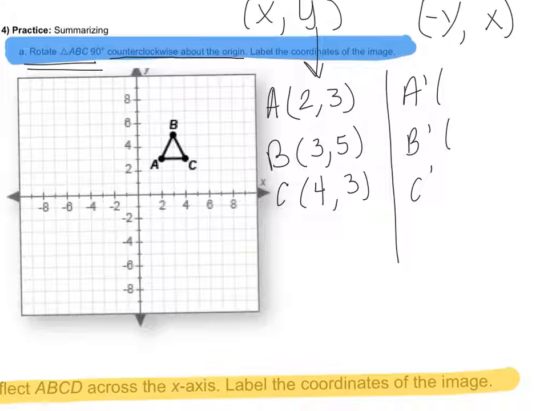That means this happens after the rotation, and I make my parentheses with my commas because I'm going to be writing points. So since the x values, which are all right here, are going to become y values, I'm just going to list all of those right here. 2, 3, 4.